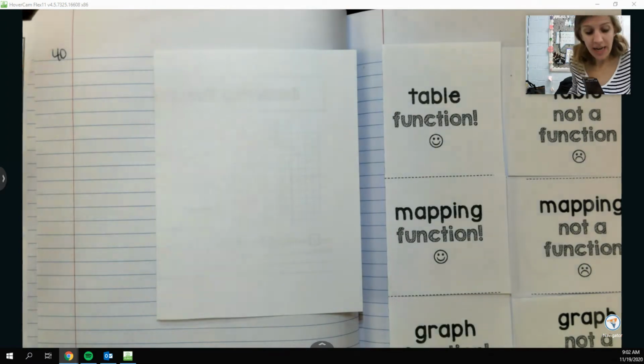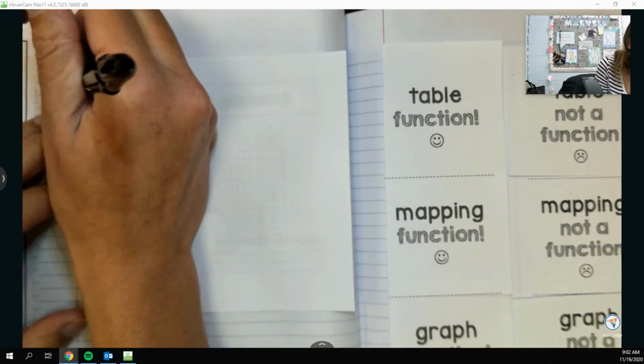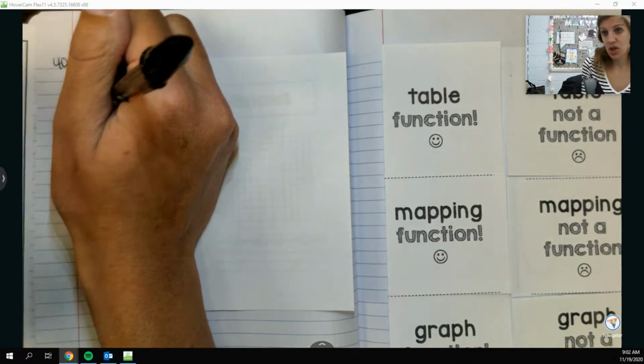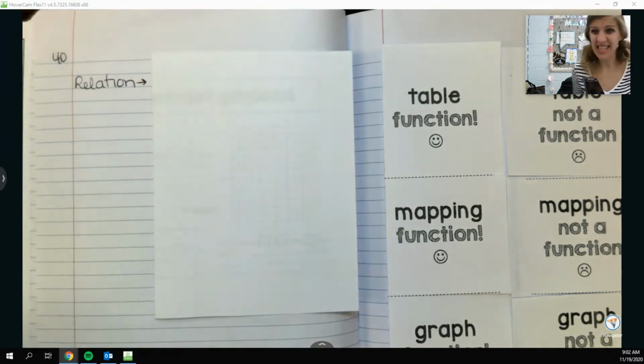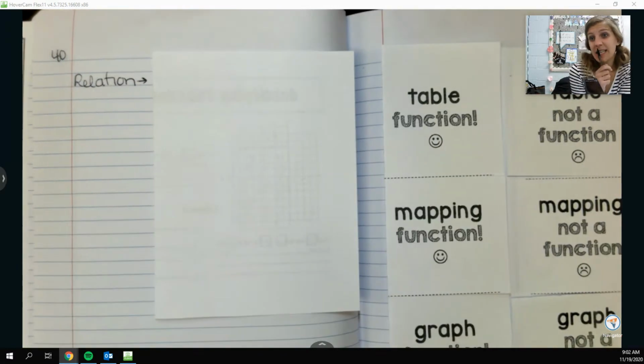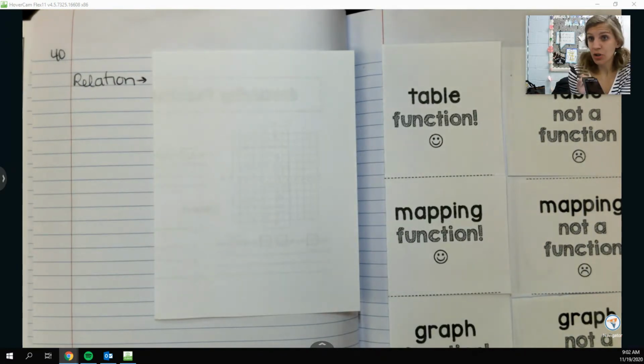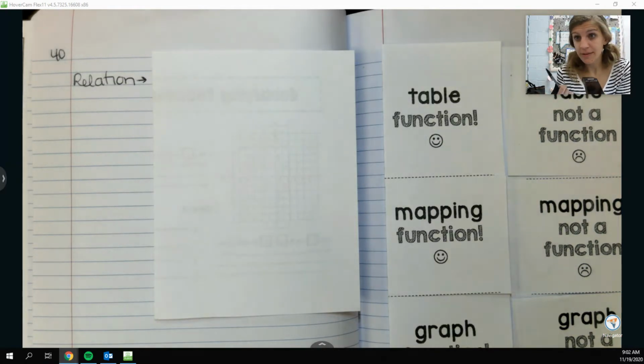And I'm going to write the definition for you here. When it comes to a relation, it kind of makes sense. It's like a partnership between numbers, kind of like a relationship in real life. It's a partnership between two people.